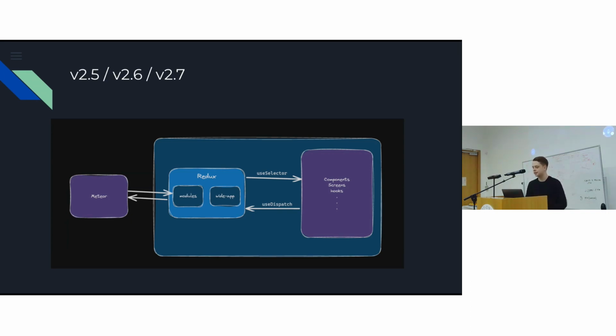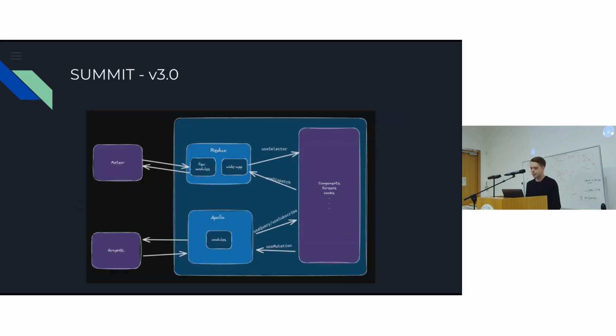It facilitates easy access to the whole components in the application. To achieve that, we dispatch some actions from the application through Redux to the Meteor socket, and we select some collections with useSelector from Meteor through Redux.